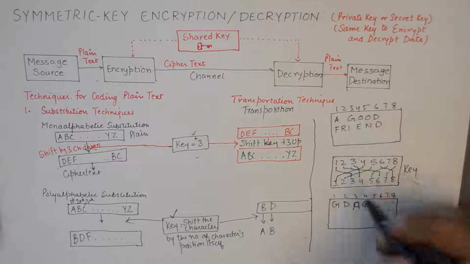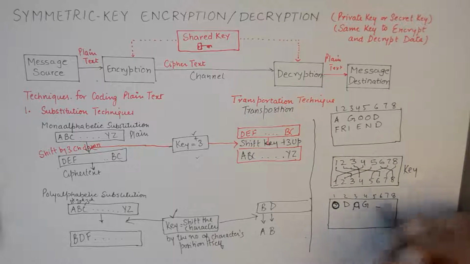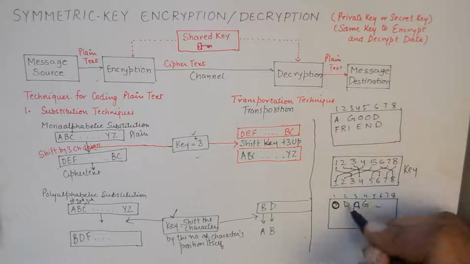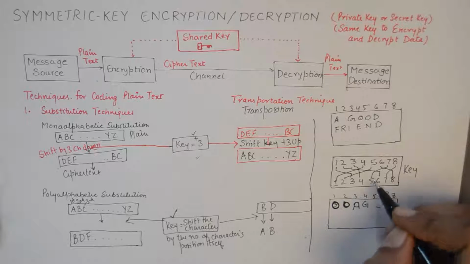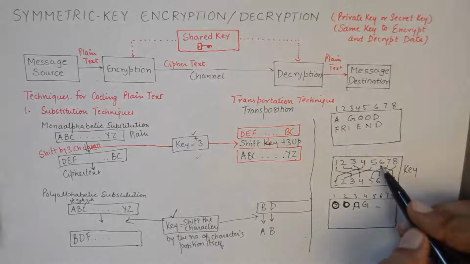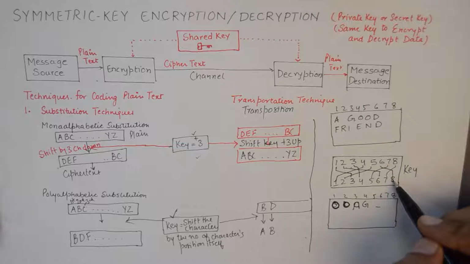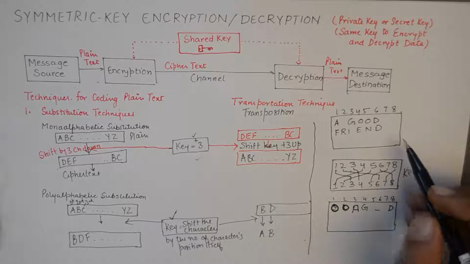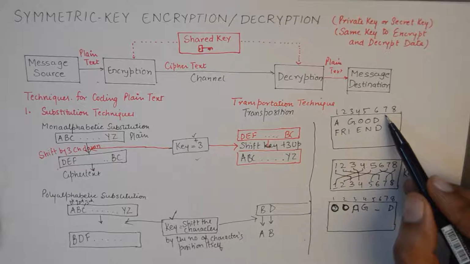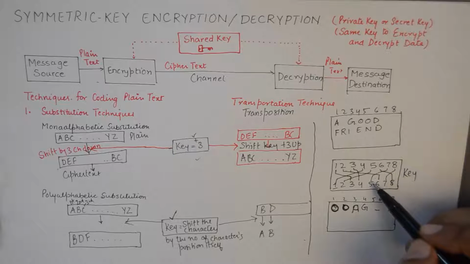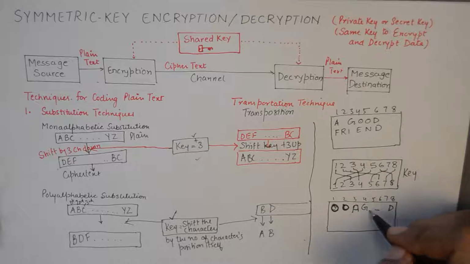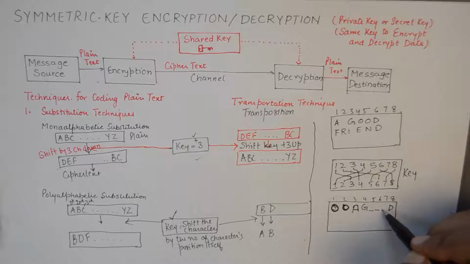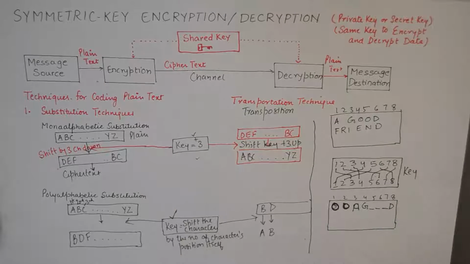So the 4th one is O, so it goes to the 1st place. The 5th character needs to go to position number 2, so the 5th also becomes O. The 6th character needs to go to position number 8, and 6th is D, and it goes to position number 8. The 7th needs to go to position number 5, so 5 becomes a blank, and the 8th needs to go to position number 7, so 7 also becomes blank.